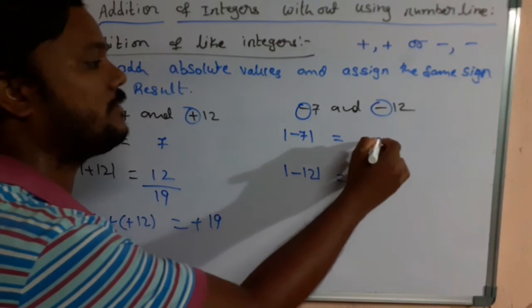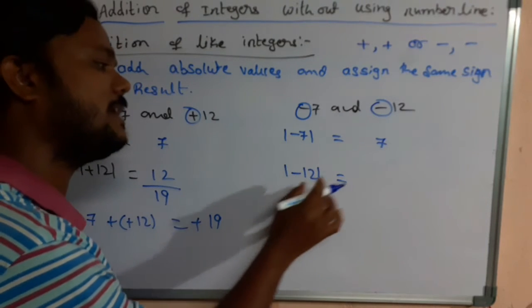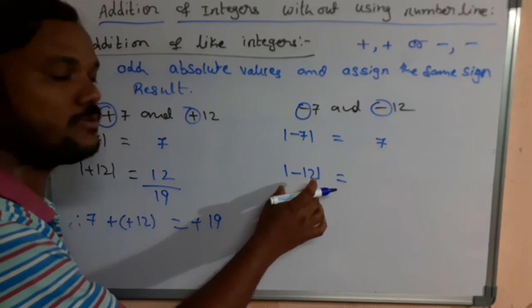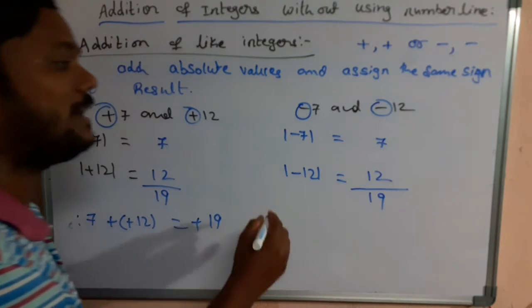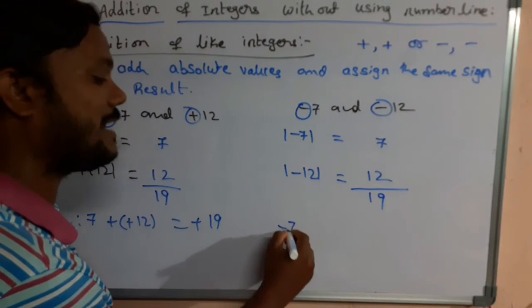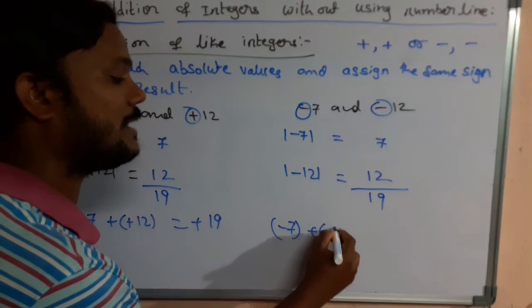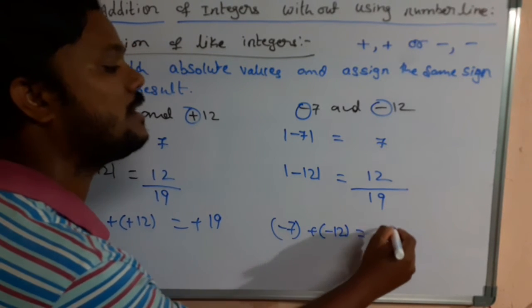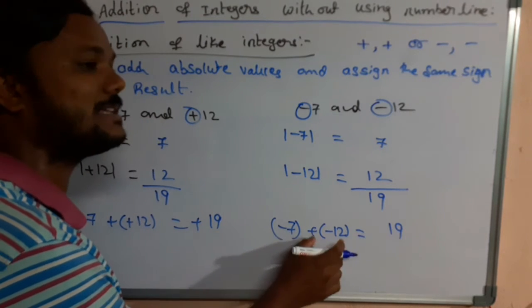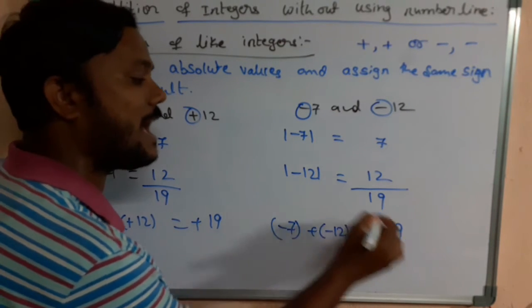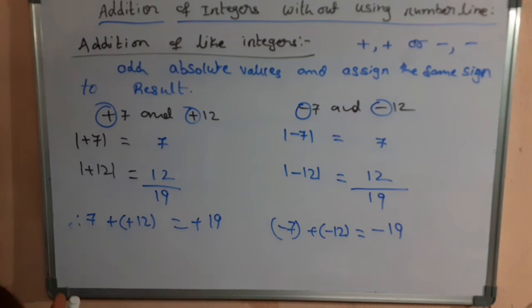What is the absolute value of -7? It is 7. What is the absolute value of -12? It is 12 itself. Adding them you get 19. But what is the answer for -7 plus -12? As these two numbers have a negative sign, the answer will also have a negative sign, so -19.